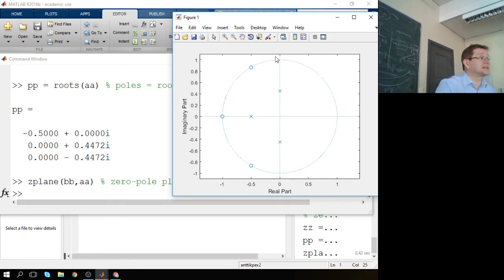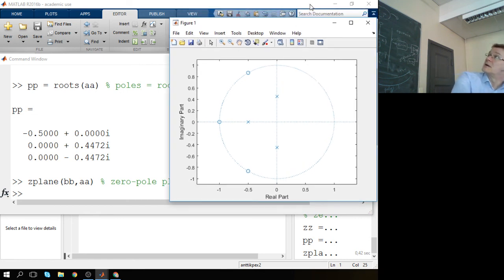So z-plane actually just places those on the complex plane. The unit circle is marked as this circle here. Almost a circle, the aspect ratio is not totally correct. And then zeros are marked with these circles, and poles are marked with crosses.